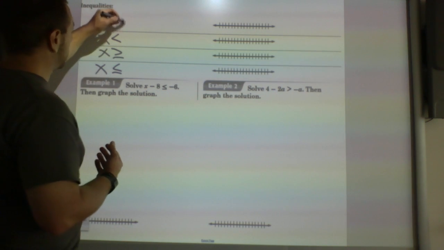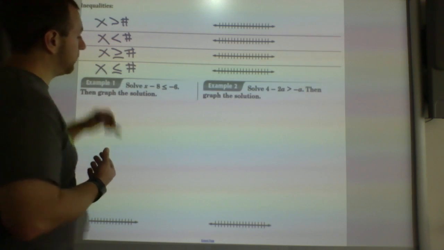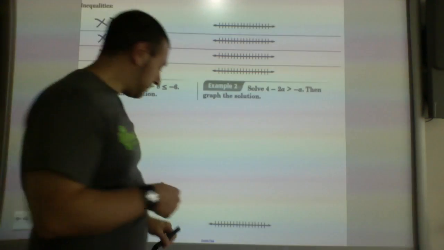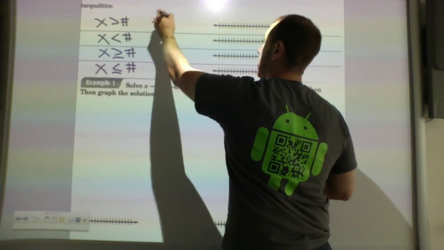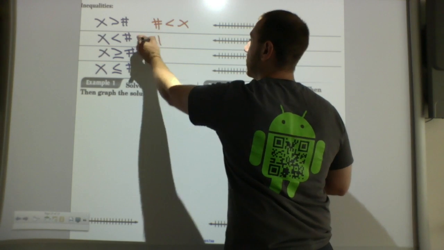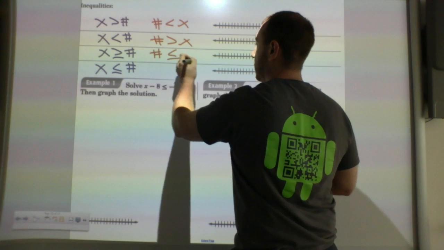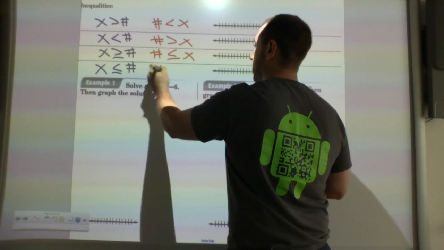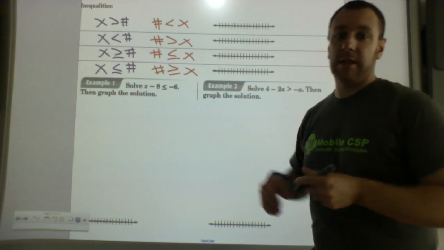And I'm just going to put a generic number sign here. Now, this also can be written the same way. These are read the same exact way.